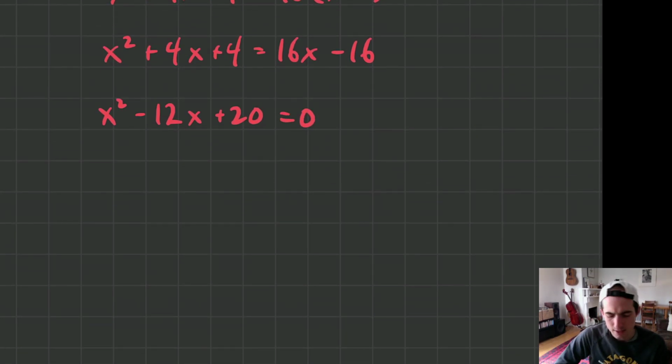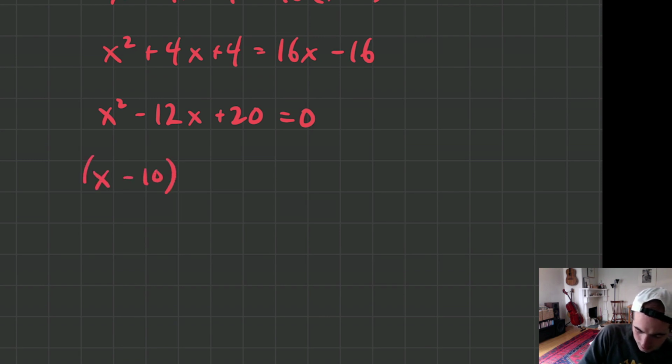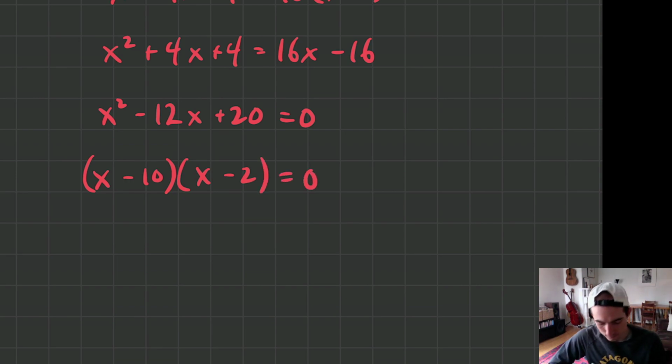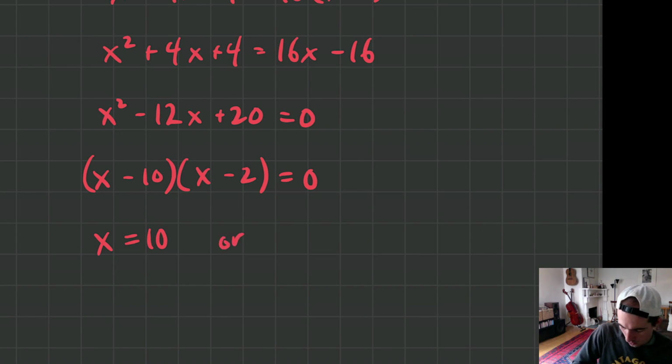I'm thinking negative 10 and negative 2. That's probably what I can get. So x minus 10 and x minus 2 equals 0. Okay, that looks good. In order for either of these to be equal to 0, I will get x equals 10 or x equals 2.